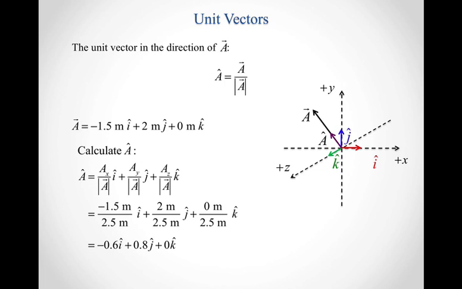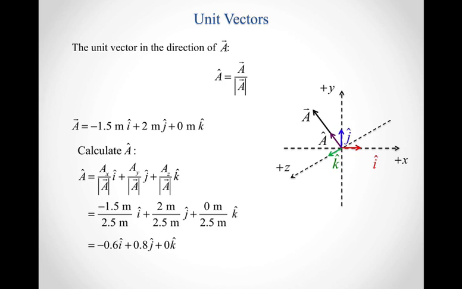The y component of vector A was 2 meters, the magnitude was 2.5 meters, divide one by the other, I get 0.8 for the y component of the unit vector. Again, 0 was the z component of vector A, so when I divide by the magnitude, I still get 0 as the z component for the unit vector. So my unit vector is the vector negative 0.6 I hat plus 0.8 J hat plus 0 K hat.